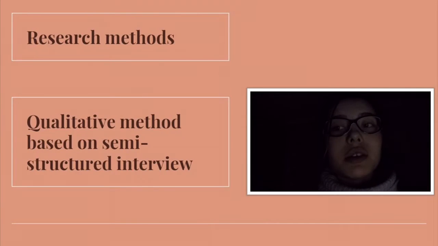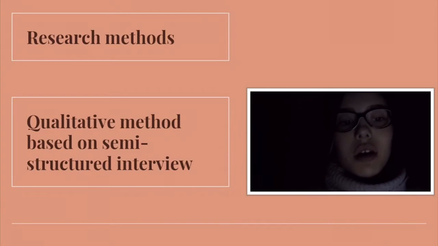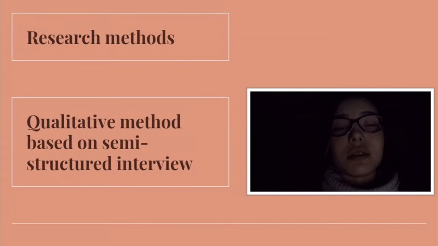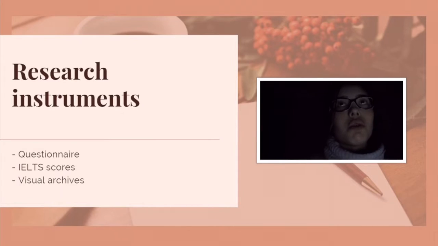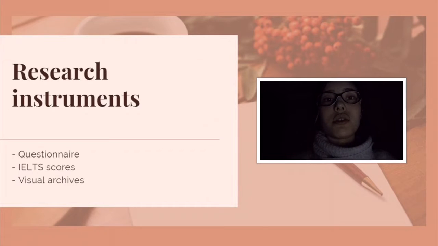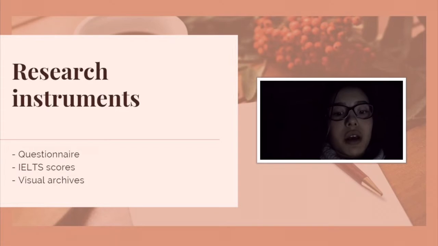Also, in our semi-structured interview, we had a set of structured questions, and during the interview, we asked them extra questions depending on their answers. The materials used were questionnaires, IELTS scores of the participants, and also visual archives in order to compare how they used to speak in their mother tongue before learning English and how they speak now.